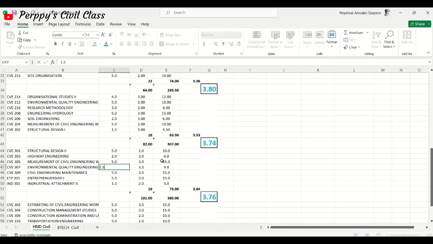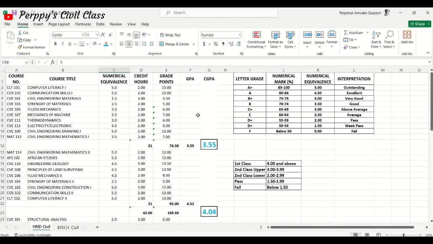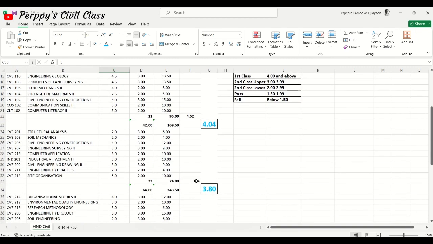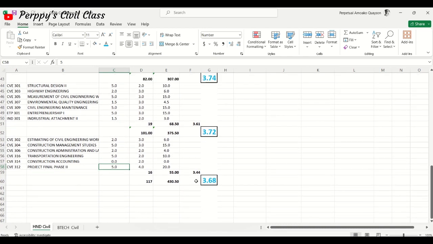Some of them too, they might fail their courses, and if you get a receipt, your case is different because that semester they will calculate it as 0. Okay, so maybe these are the grades that you had. You started with the second class upper, then you came to first class, then reduced to second class upper. If you're able to play around with this, you know what you are graduating with.